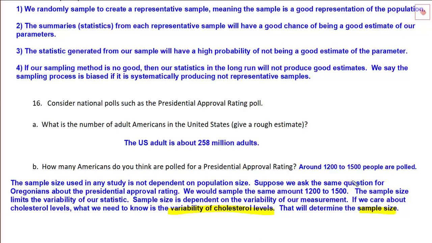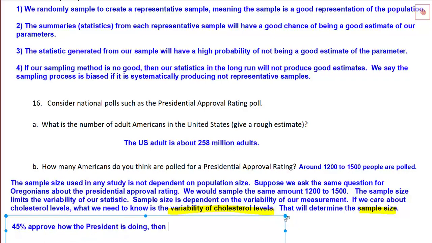Anyway, one last thing here about this. So for example, if say 45% approve how the president is doing, then really what we have found, the symbol used to represent this is p hat, the sample proportion.